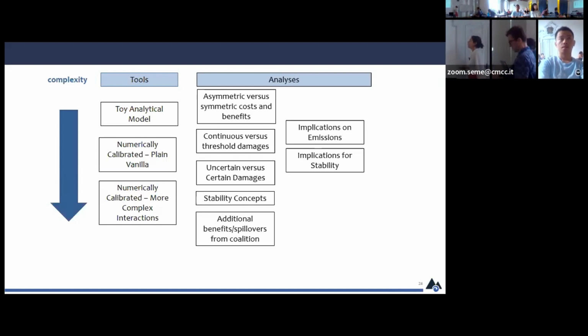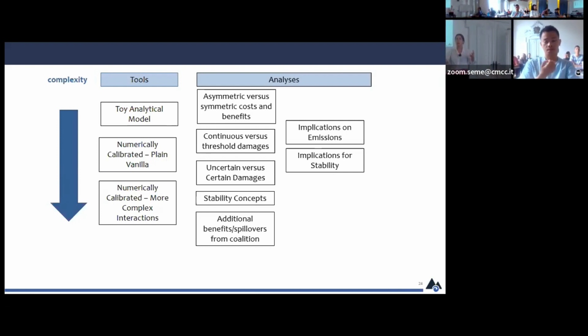And then you can look at the application of emissions of various coalitions. Mostly, you can look at which coalitions are stable and which are not. The best coalition you get might be Ghana plus Italy, and we do nothing with that.